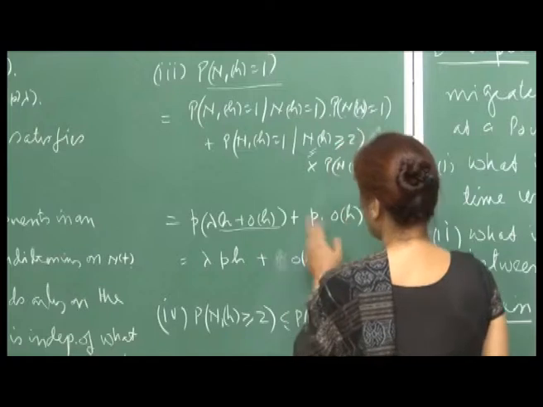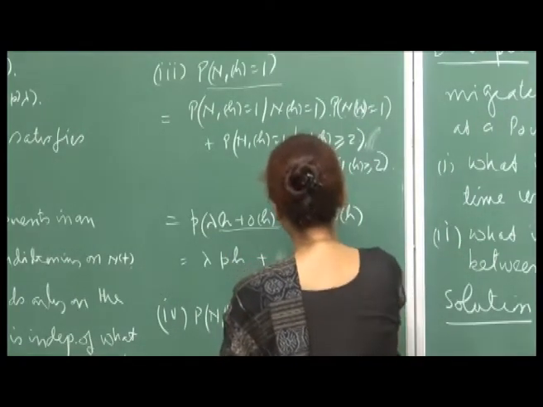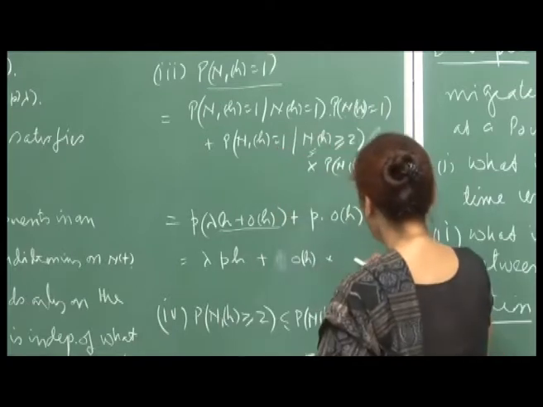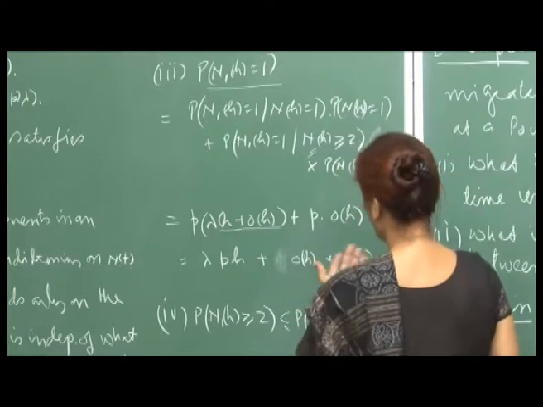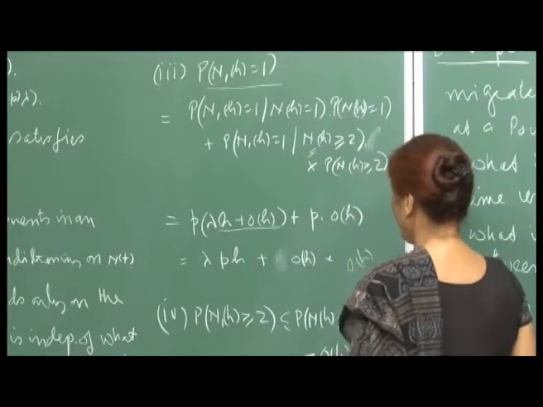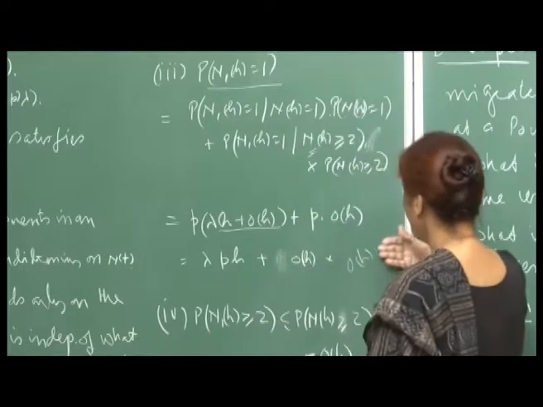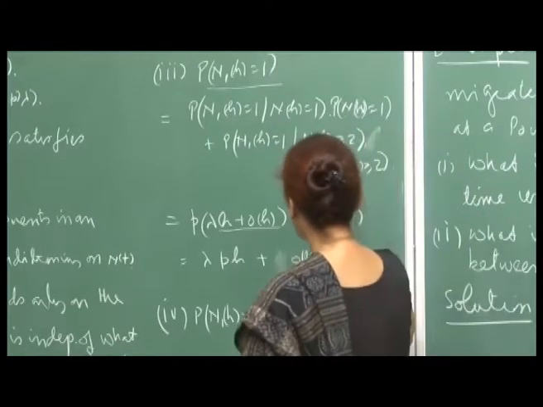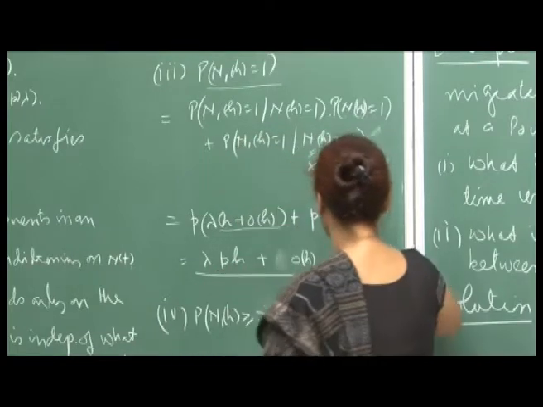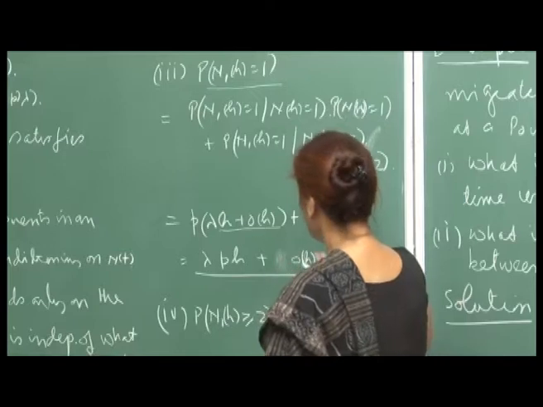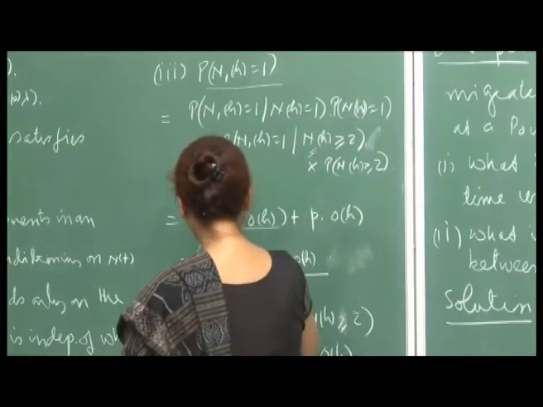So, this will be lambda p h plus order h. Remember, when you say a function is of order h, constants are all allowed, because it is only the power of h which is important. It is a higher power, and as h becomes smaller and smaller, this goes to 0. So, that p gets absorbed here.